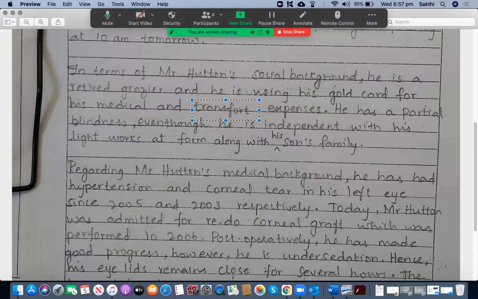Good. "He has a partial blindness, even though he is independent with his light works." Okay. I told you that "even though" has two words, and I asked you not to use "even though" because there is another word which is more formal. Do you remember this? It's "although."